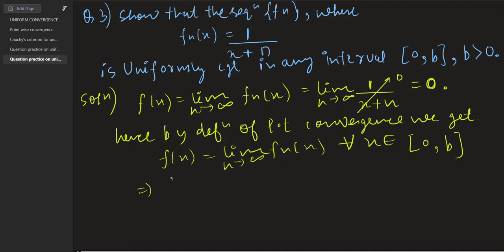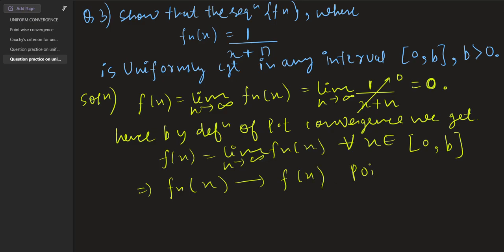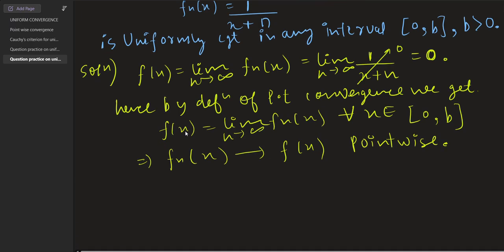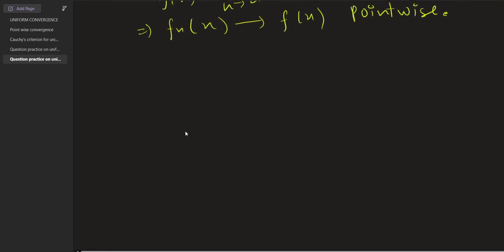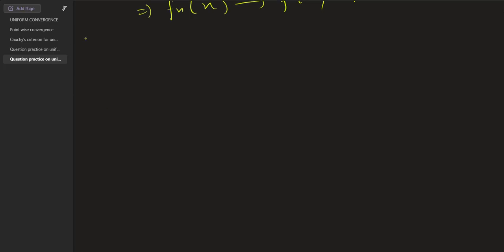This implies fn(x) converges to f(x) pointwise. Fine. Now we are going to show that this is uniformly converging in any interval [0, b] where b is greater than 0. Uniform convergence.